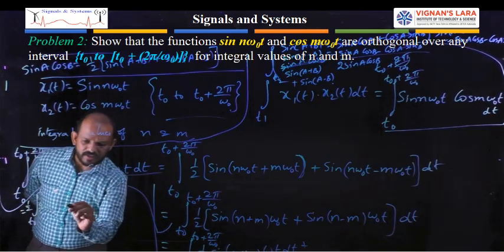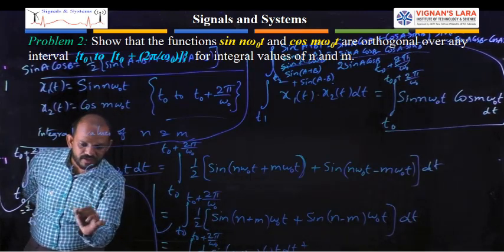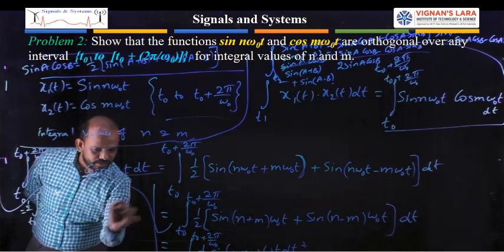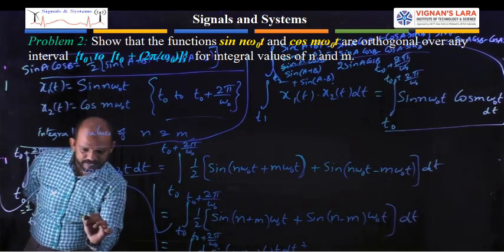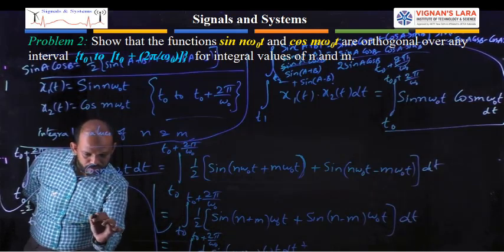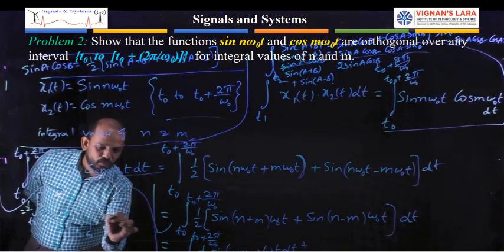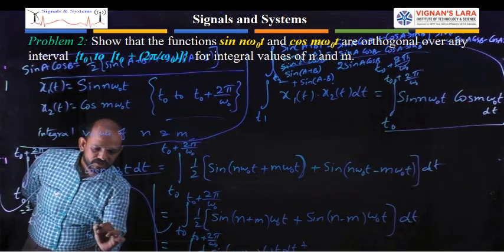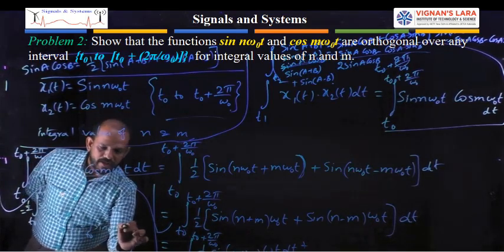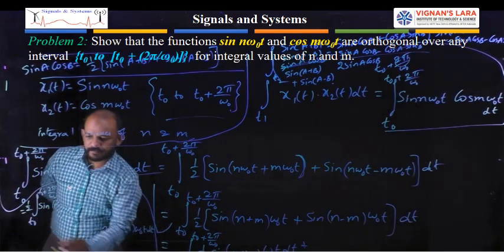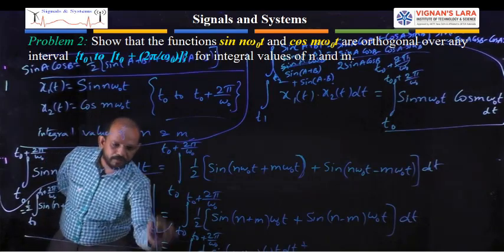Next, sine of n plus m omega naught t dt, plus 1 by 2 integral from t naught to t naught plus 2 pi by omega naught of sine of n minus m omega naught t dt. See this one. So this is the important one.